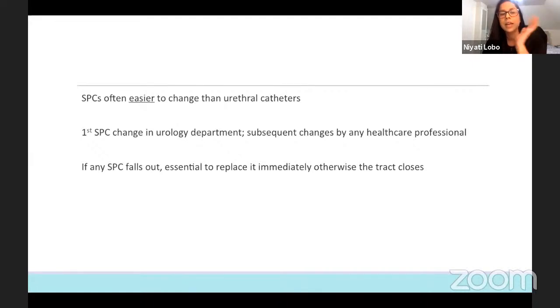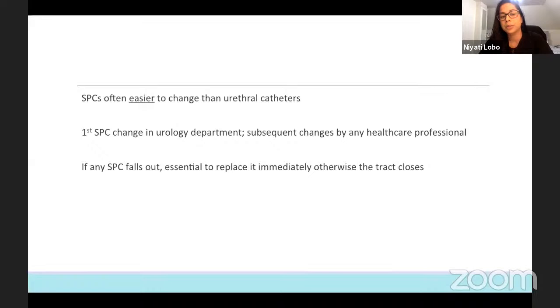With that said, the first suprapubic change has to be done in a urology department. But after that, subsequent changes can be done by anyone, really. As long as it's not the first time the patient is having their suprapubic catheter changed, then it is fine for you to have a go.